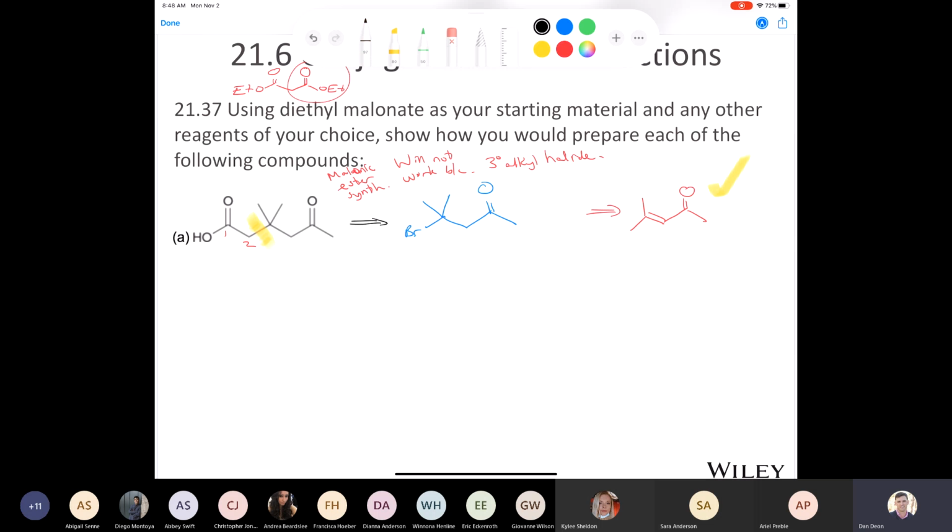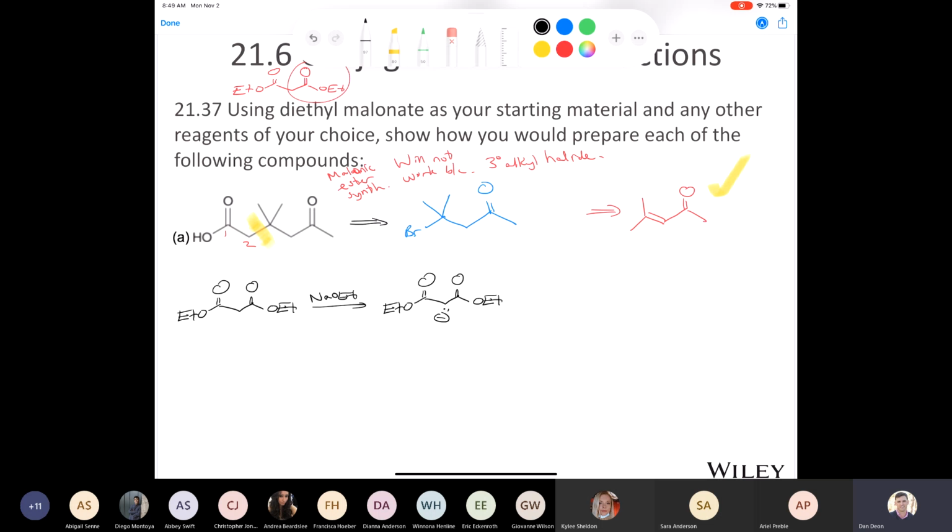So let me show you what I mean. We're going to start with diethyl malonate, and we're going to completely deprotonate that using sodium ethoxide, right? Sodium ethoxide. So let's just copy this, paste. There we go. Then we're going to end up with our enolate. So let's draw that out.